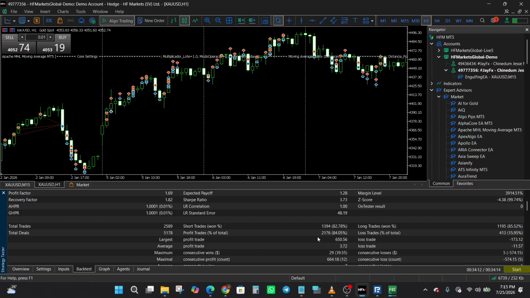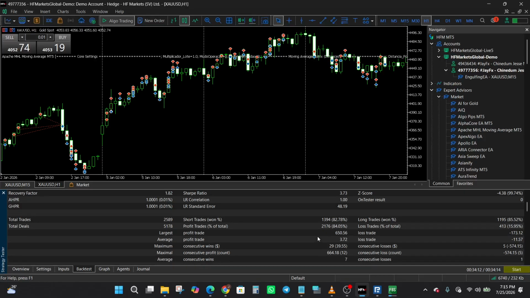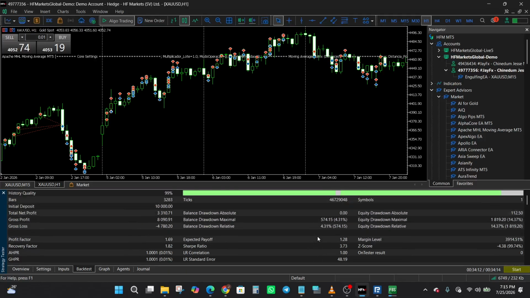To wrap up, based on the available information, Apache MHL delivered a positive result in this test with a reasonably strong profit factor, but it does so using a martingale and grid based structure, which the developer states outright on the page. That combination can mean that a losing streak, especially at higher martingale steps, has the potential to produce deeper floating drawdown than the closed trade numbers alone might suggest.